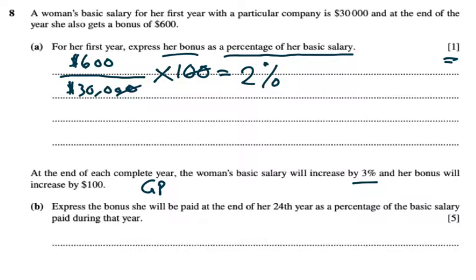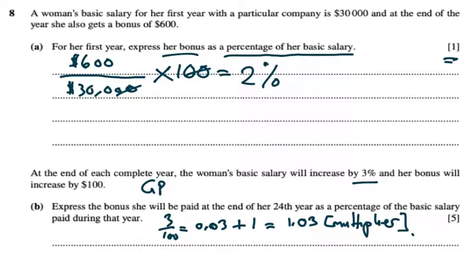Immediately you should know, because every year there's an increase by 3%. So 3 over 100, which is 0.03, you add this to 100 over 100, which gives you 1.03. So this is your multiplier.